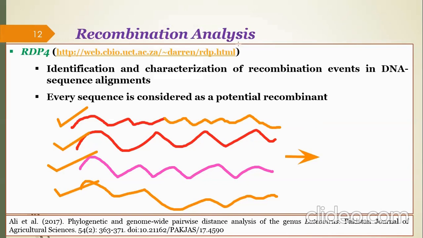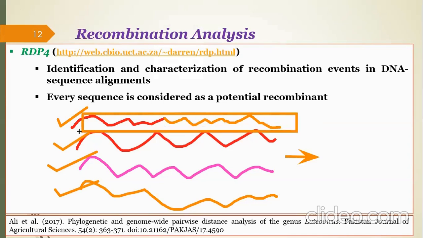And at the end, it may give the result that this sequence is actually the recombinant sequence and not the others, due to some values. It will give an R score and some other values, and based on those values we can actually identify this as a potential recombinant.